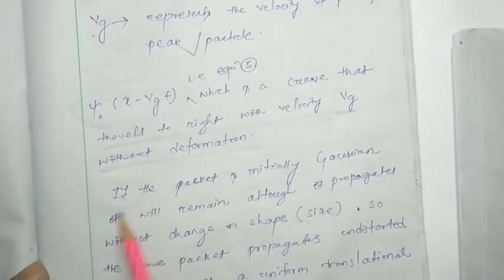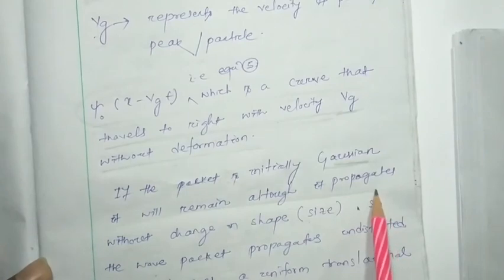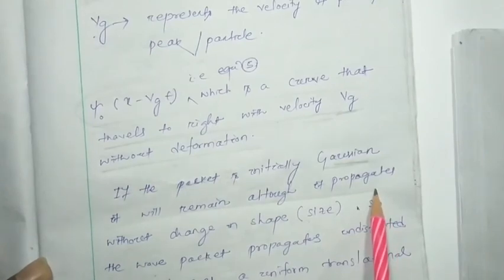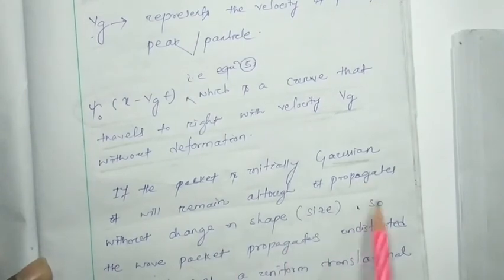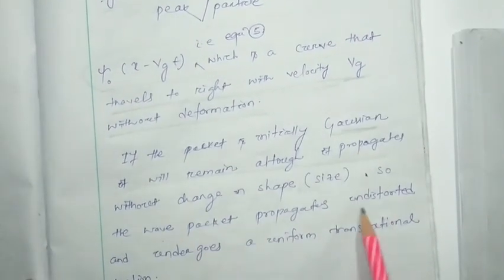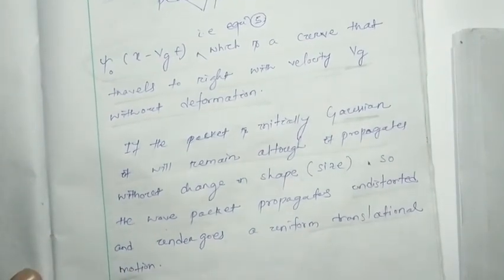So if the packet is initially Gaussian, it will remain Gaussian, since it propagates without change in shape. So the wave packet propagates undistorted and undergoes a uniform translational motion.